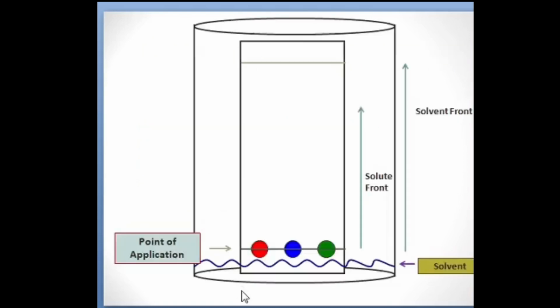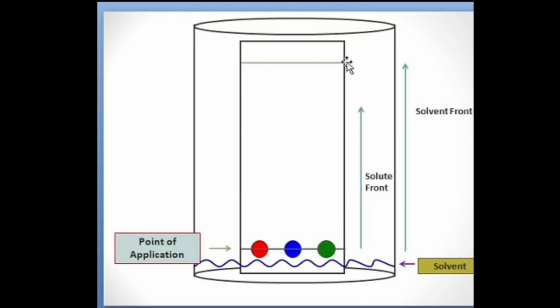Now again we'll come across two important terms: one is the solute front and one is the solvent front. What are the solute front and the solvent front? Suppose this is your point of application of the samples. After you take it out, this paper will still be wet.